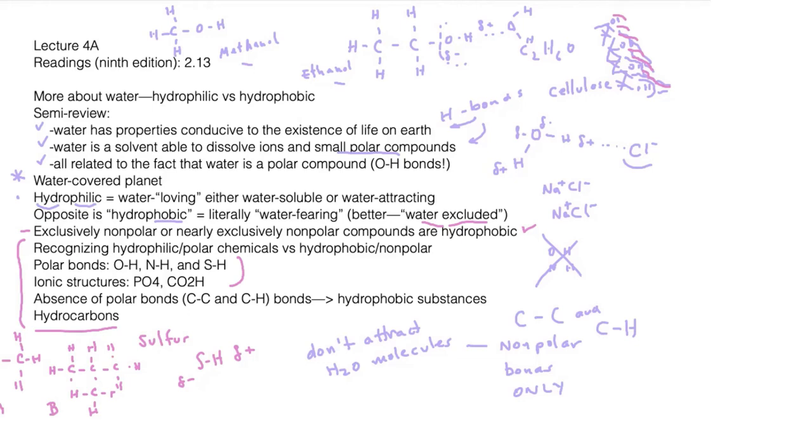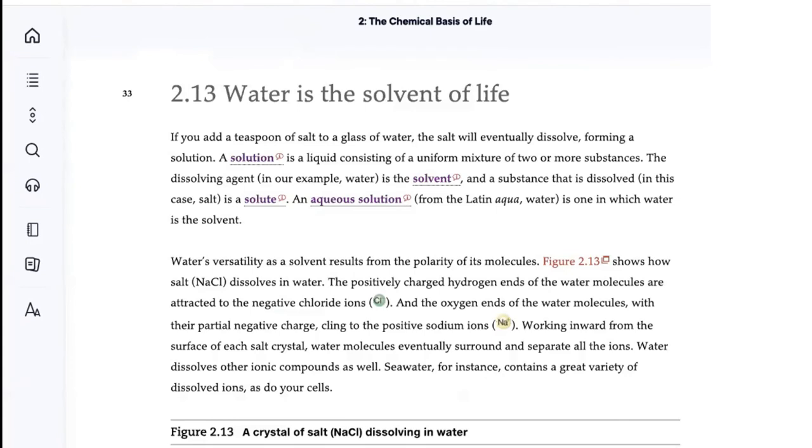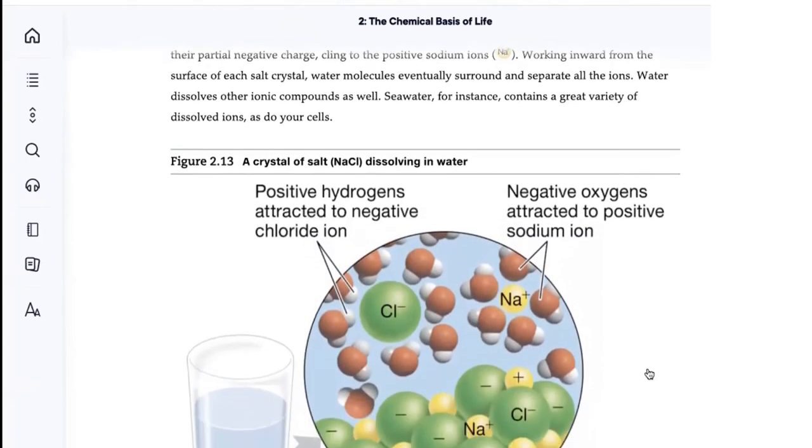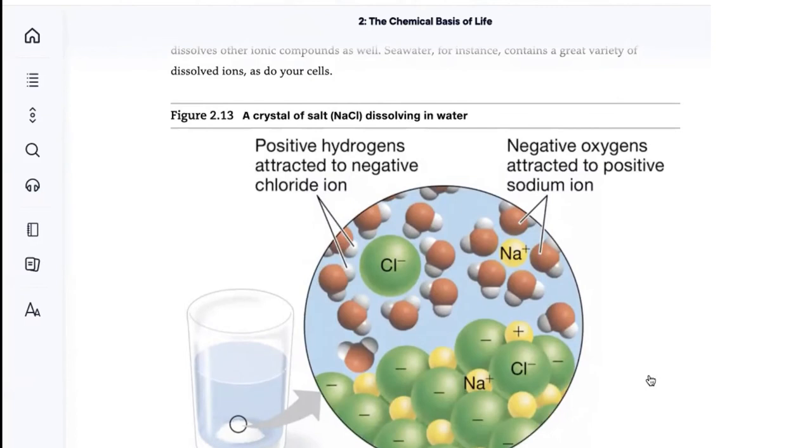Okay. Now, very briefly, I want to make sure that you guys are looking at the thing that we're talking about. Water is the solvent of life. And as we scroll through this, it talks in a very sketchy way about how molecules of water are interacting with sodium ions and chloride ions.